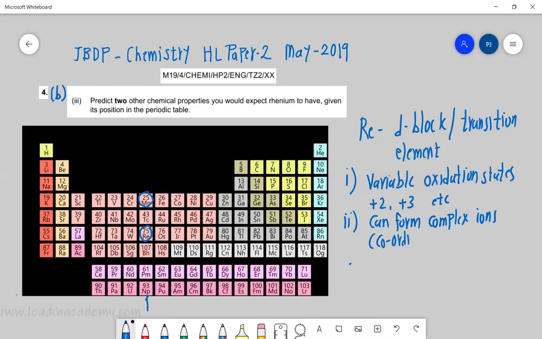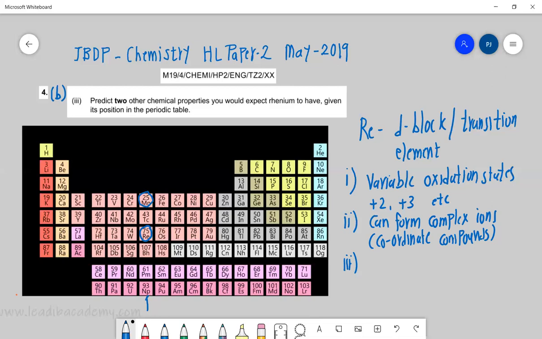The reason, again, is that there are a lot of empty d orbitals. In d orbitals, it can accommodate 10 electrons. There are 5 orbitals. So because of this high number of orbitals, if they are empty, they can accommodate the lone pairs of electrons. That is basically the theory behind coordinate compounds.